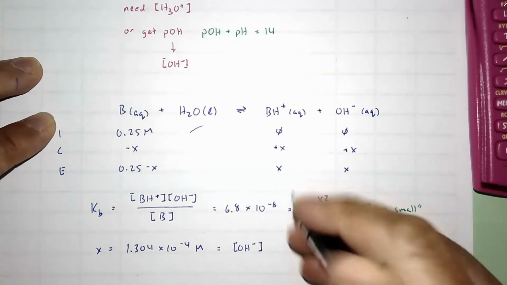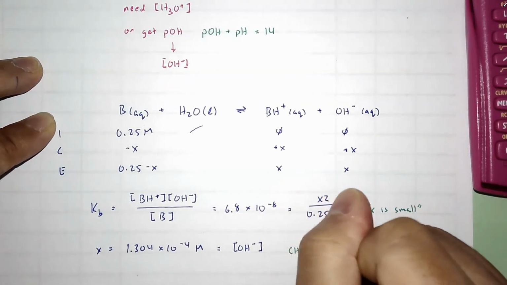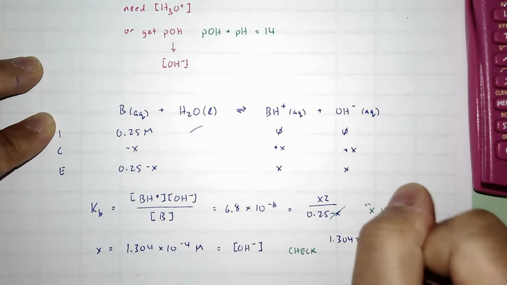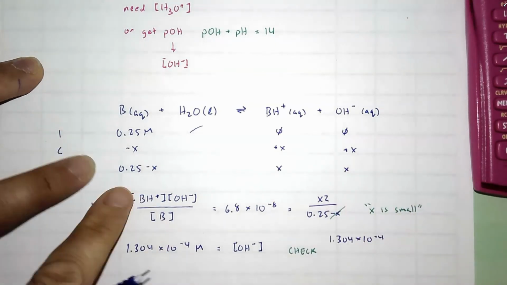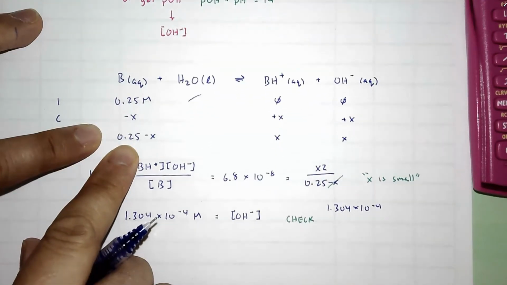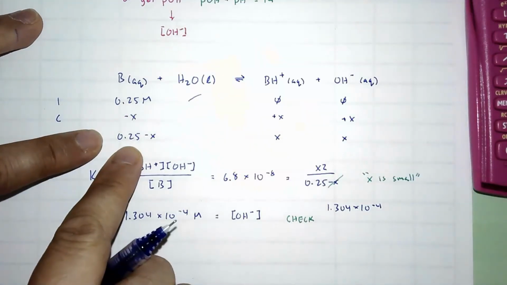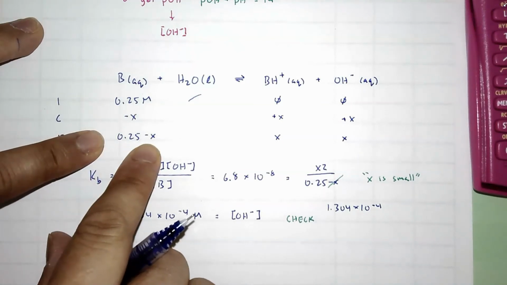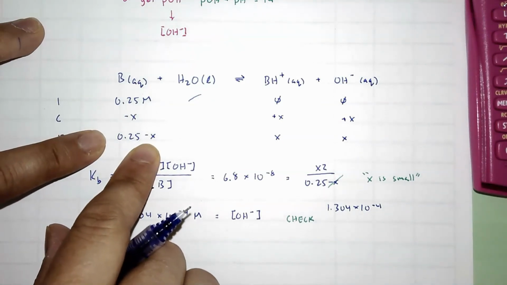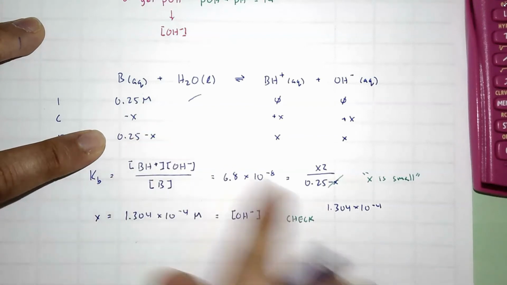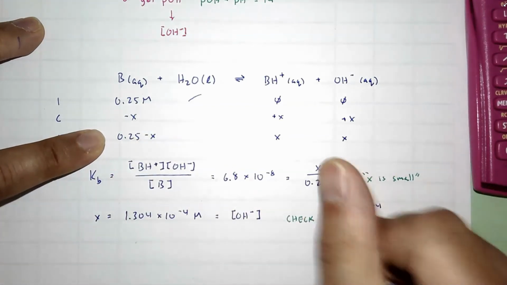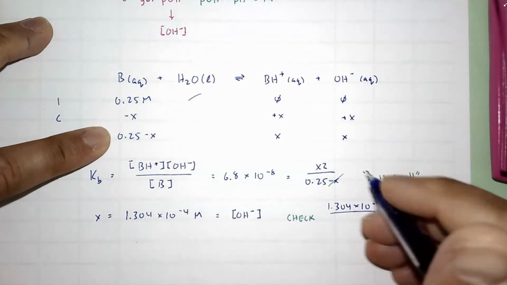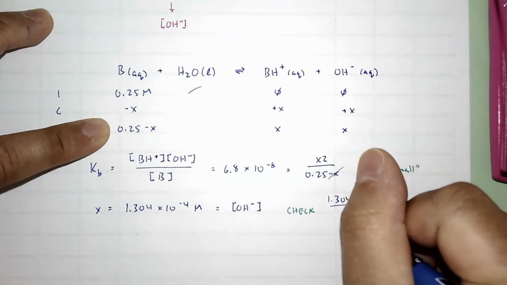Let's do our check. 1.304 times 10 to the minus 4. We're specifically looking at this expression here. The equilibrium of base is 0.25 minus x. If x is super tiny, we could ignore it, and that's what we did here, but we just have to double check that it's tiny. It should be less than 5% of your initial concentration.